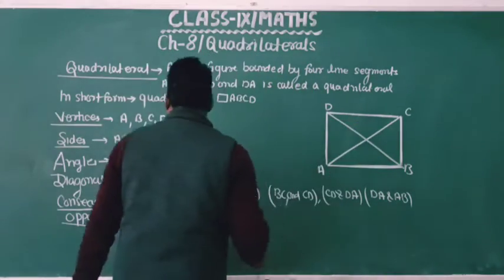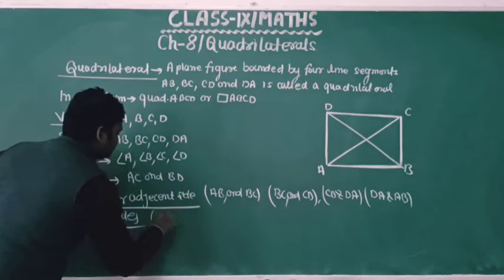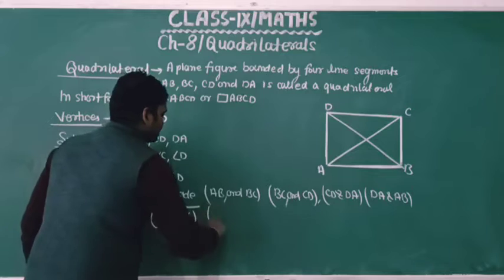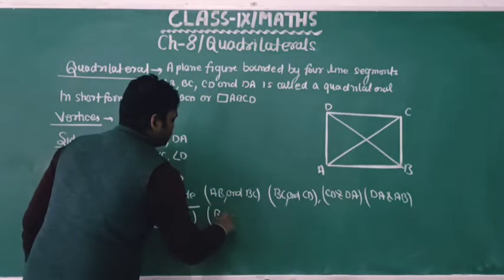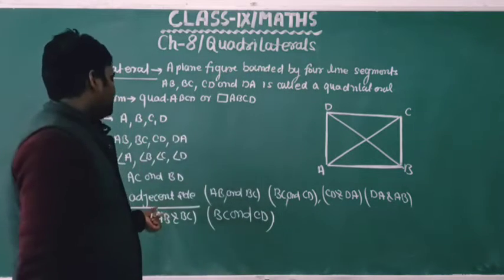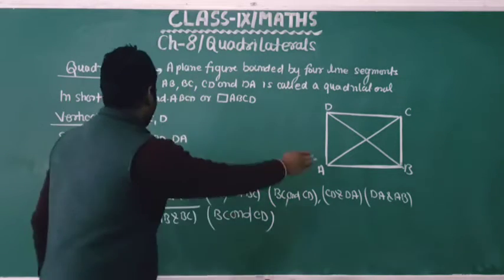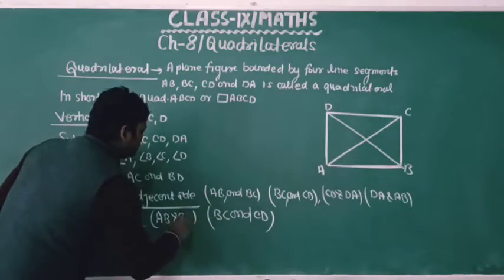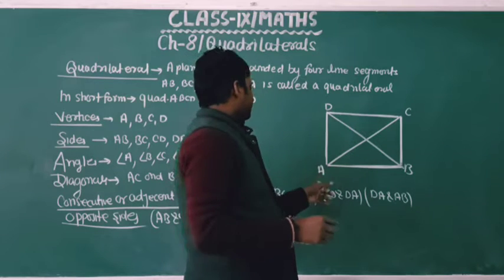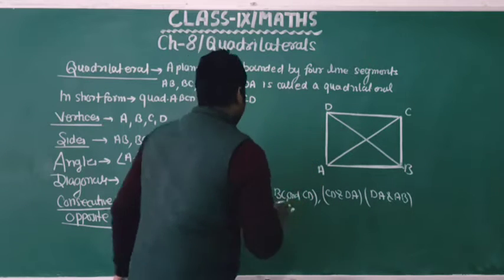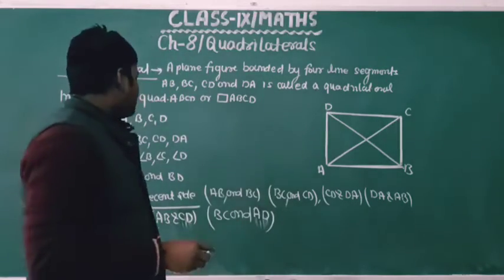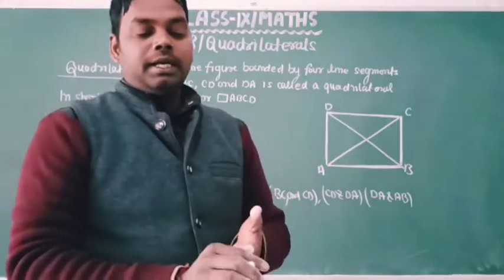So AB and CD are opposite sides, and BC and AD are opposite sides of a quadrilateral.